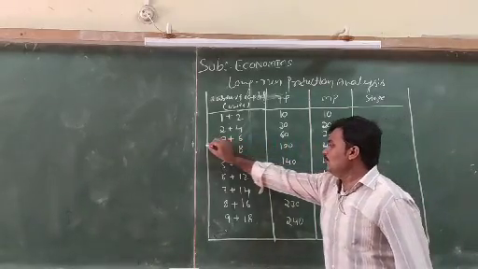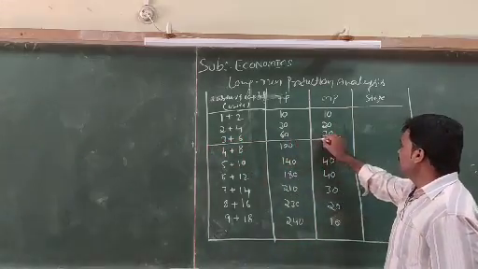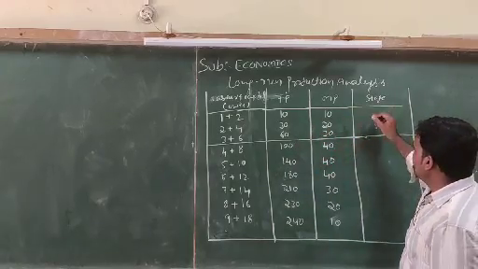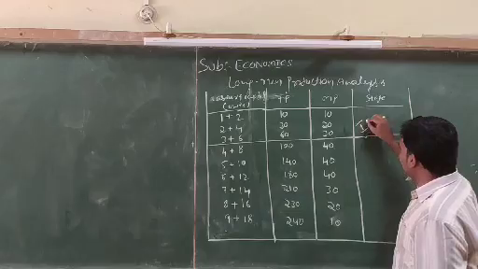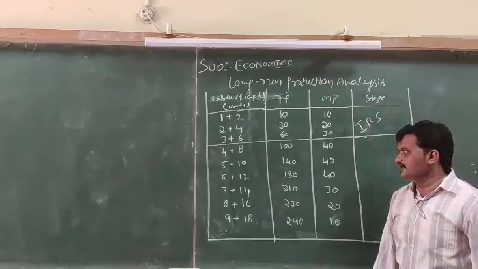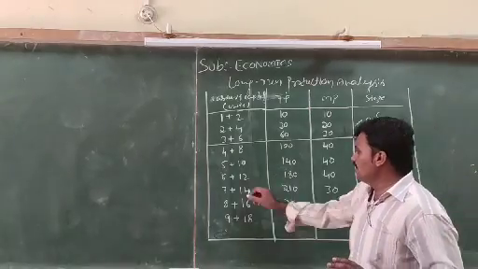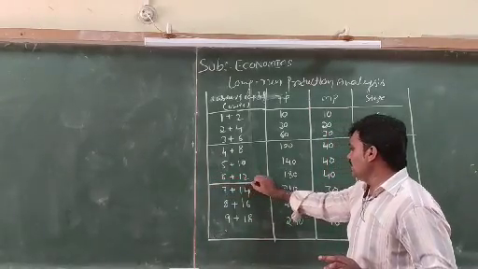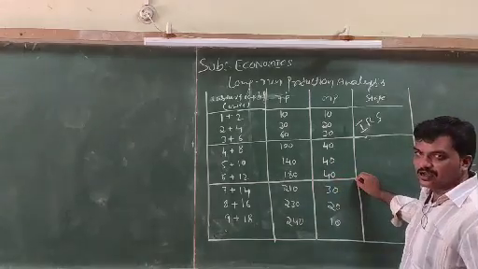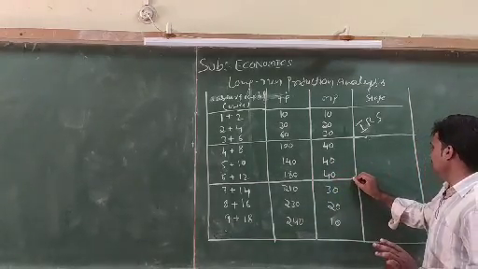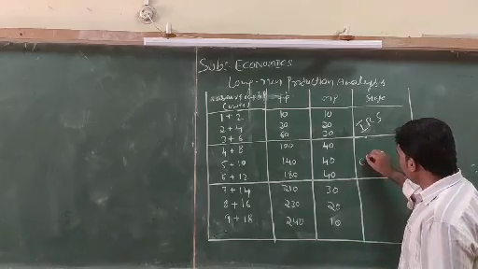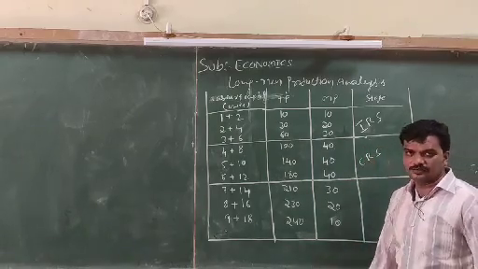See, up to where the total product increases at an increasing rate, that stage is known as increasing returns to scale. That is the first stage. And up to the point where the output increases at a constant rate, that stage is known as constant returns to scale, CRS.